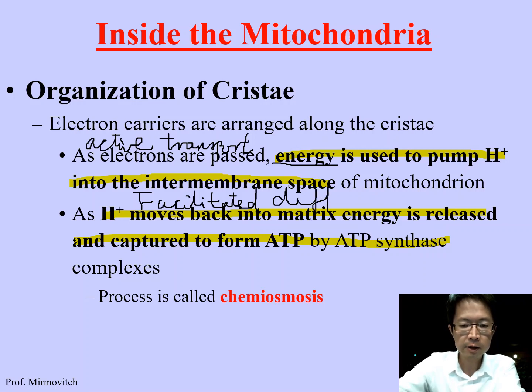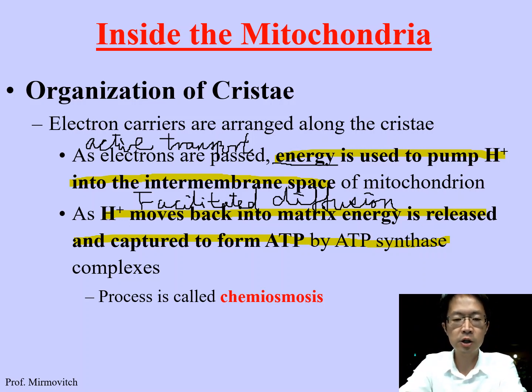Why is it a facilitated diffusion instead of a simple diffusion? Well, it is a diffusion because the movement of hydrogen ion is moving from high concentration, the intermembrane space, to the low concentration, the matrix. And it does not require energy. But why do we call it facilitated? Because it has to go through a membrane protein called ATP synthase.